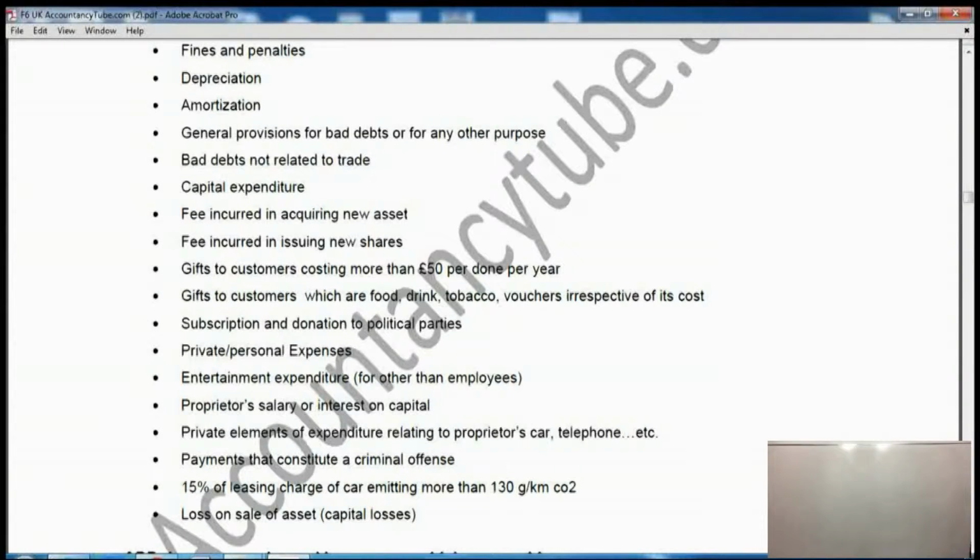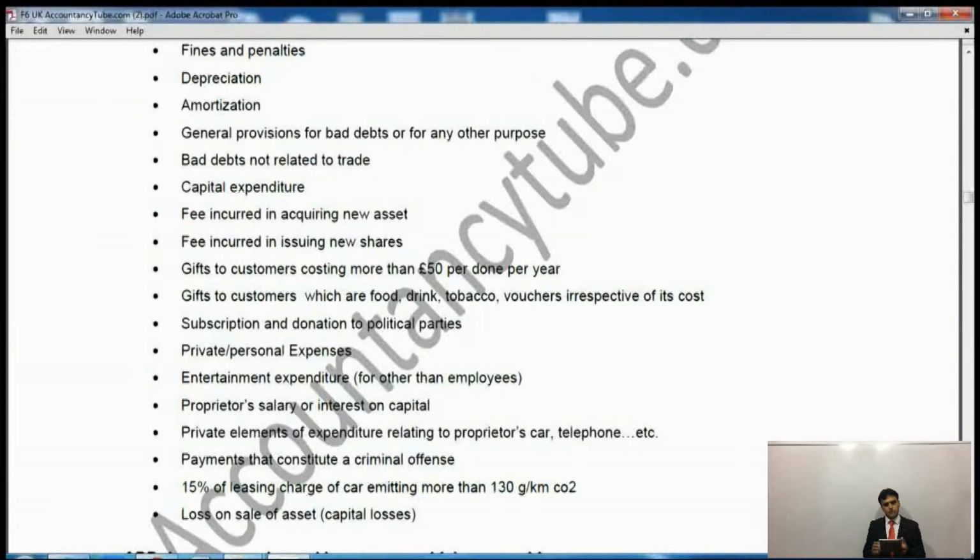Please remember, as far as F6 is concerned, this list is very, very important, because you will get easy marks. You just have to memorize this list and you will be getting some easy marks. The examiner could give you 3 or 4 things out of this list, and you will just need to add them back, and each adding back will earn you half mark.